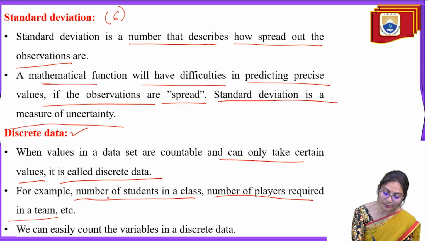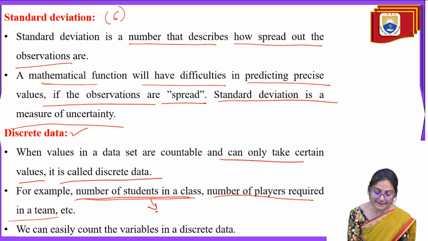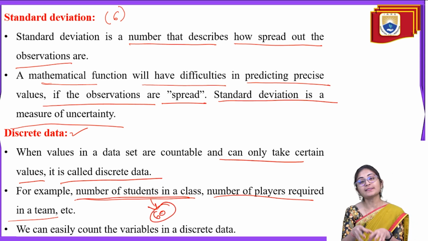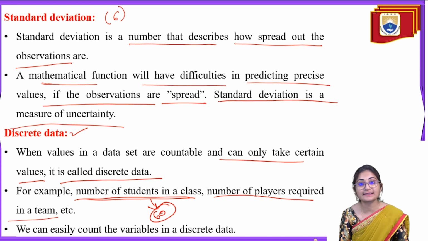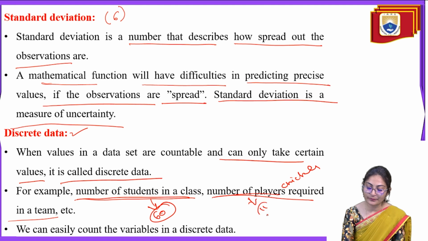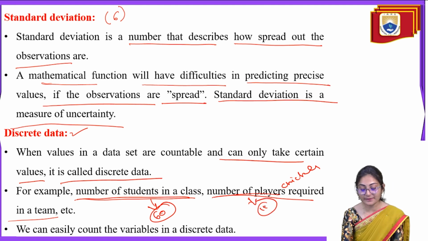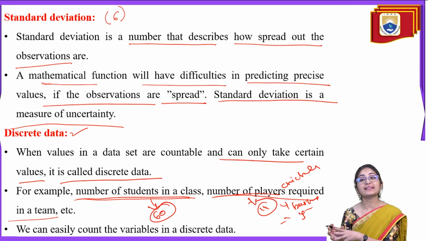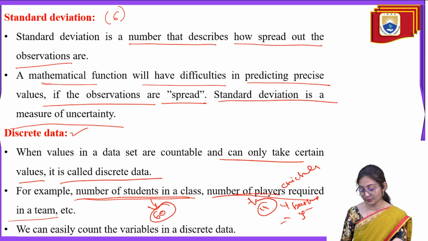For example, the number of students in the class is 60, and that number will change only in rare cases. The number of players for cricket is 11, for basketball it is 5. So that is just the number of players required. This is discrete data, and it is very easy to count.